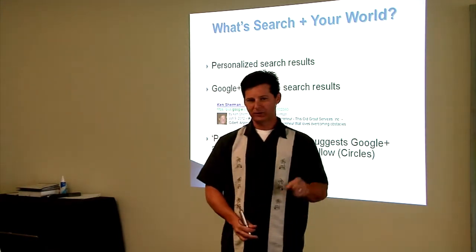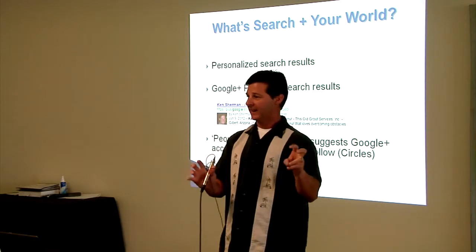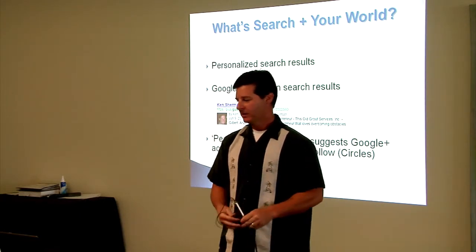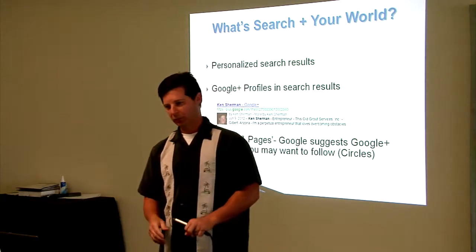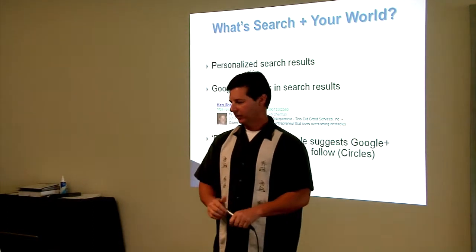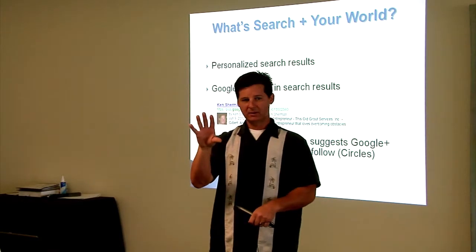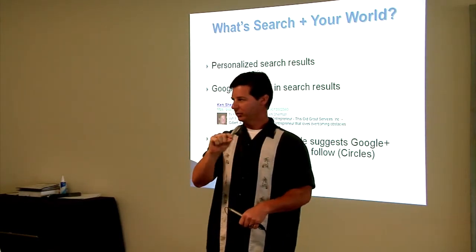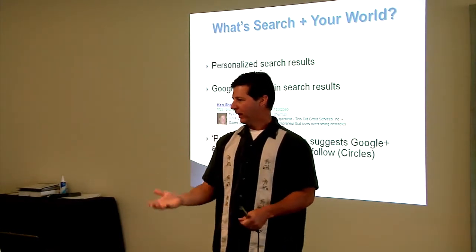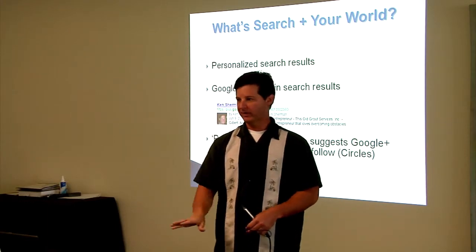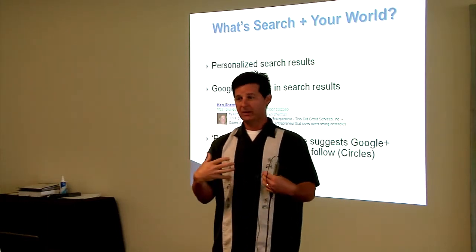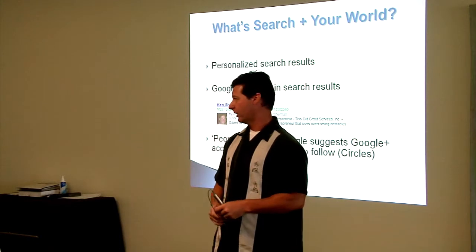So he's plus one'd it, which is just like Facebook liking, right? Now I go and look for a wine bar in Chandler or something, and what shows up on my screen is Divine, and right underneath it, it says Richard likes Divine. How powerful is that? That's social proof right there on the page, telling me people you know, like, and trust like this restaurant.